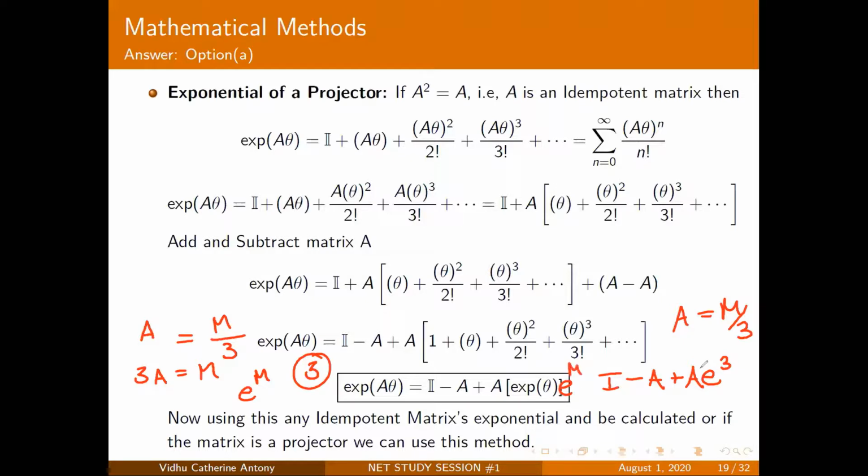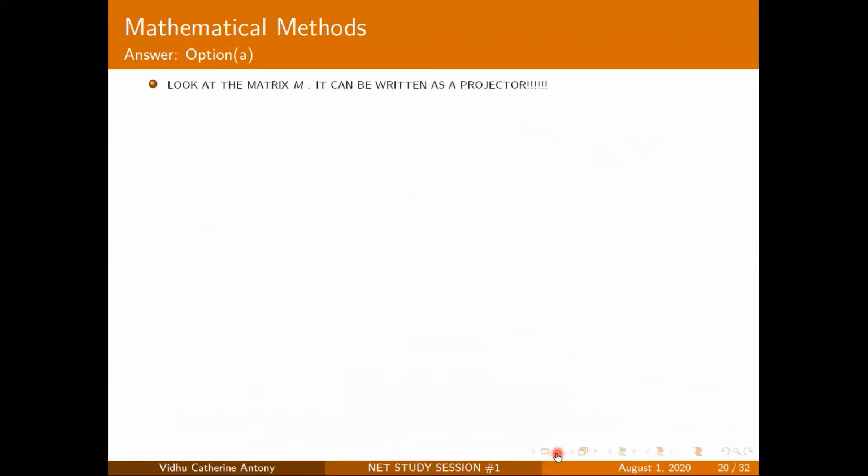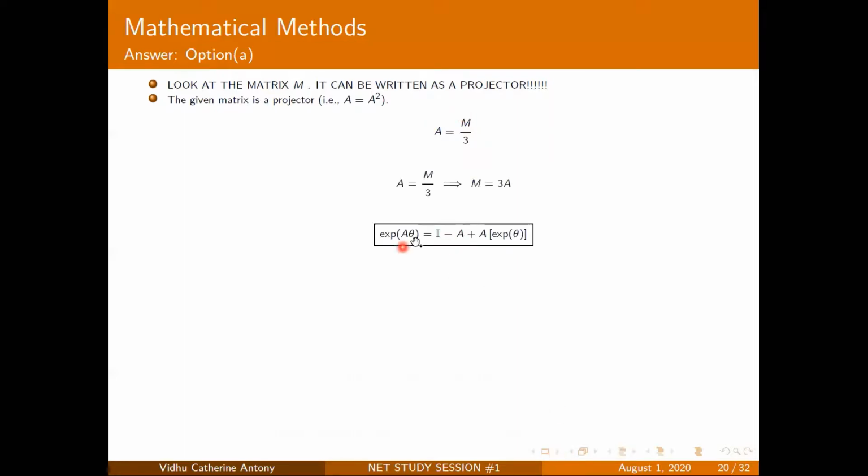Let's just look at that part. I'm going to be using this formula. You look at the matrix M, it can be written as your projector or idempotent matrix. You divide it by 3 and you make it a projector. Then you compare it with the formula that you have, and you see that theta is 3.